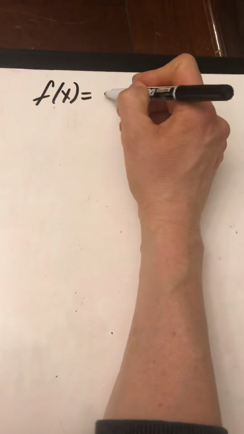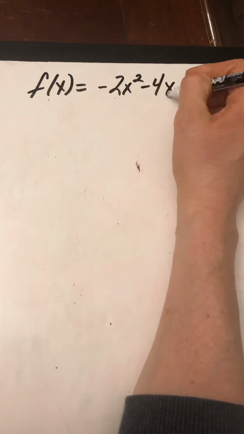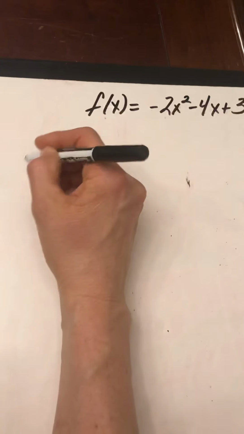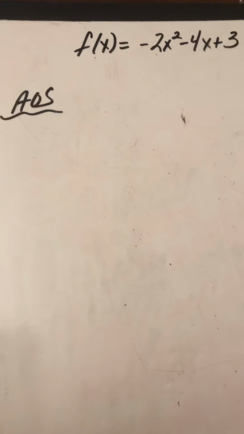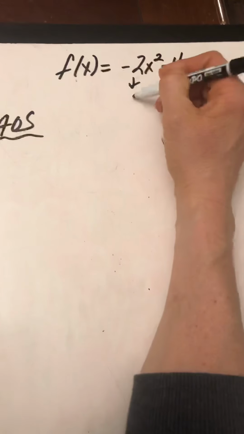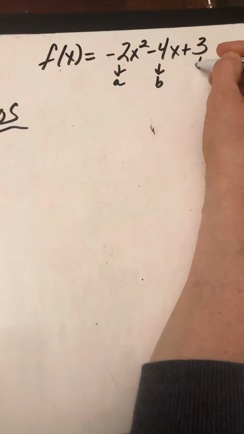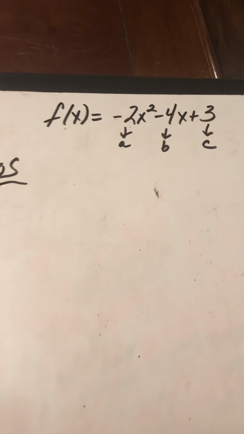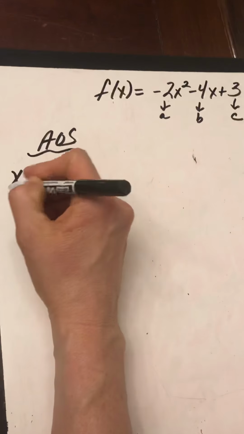F of x is y. So going in order, find your axis of symmetry. If it helps, go ahead and label these. This is A, this is B, and this is C. So we're talking about just the coefficients. So your axis of symmetry, x equals -b over 2a.